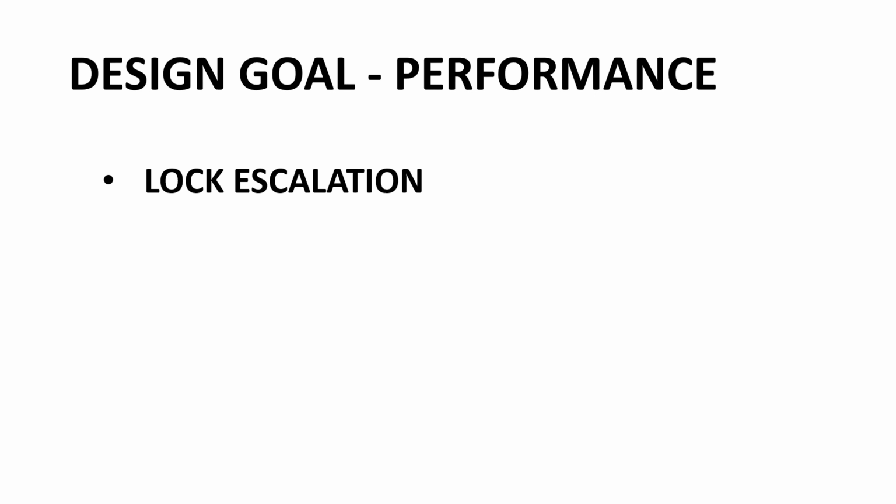So if your application has lock escalation that eventually reaches the table level because it just grabs too many locks, and SQL Server then escalates it, I think it defaults to 5,000 page locks, at which point it escalates to a table level lock because it's just too much overhead to track all of those page level locks.